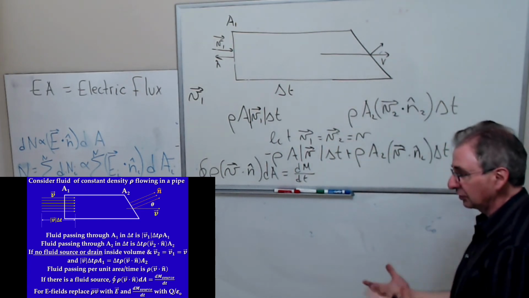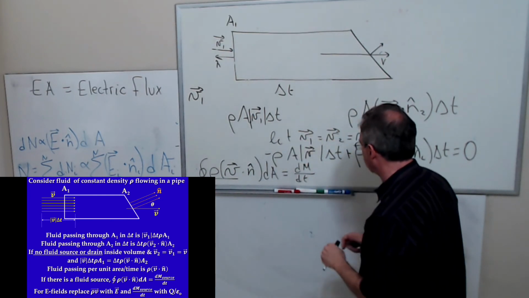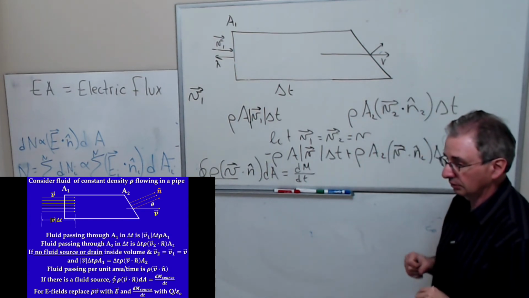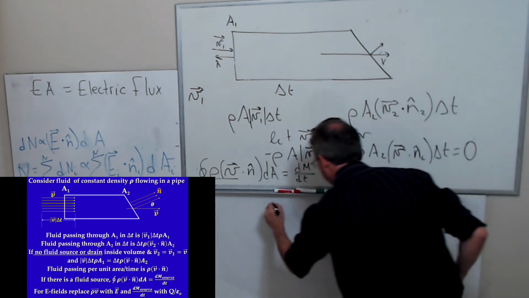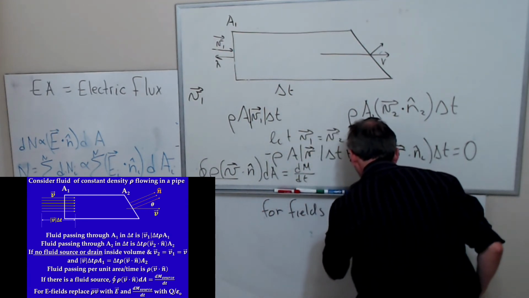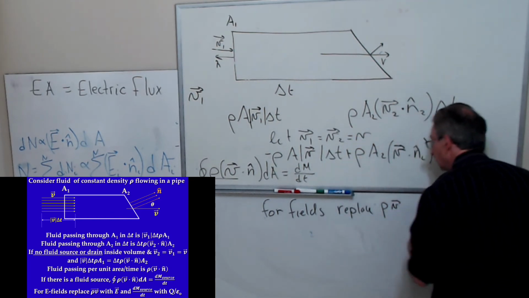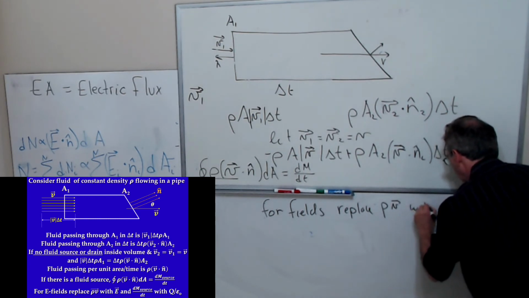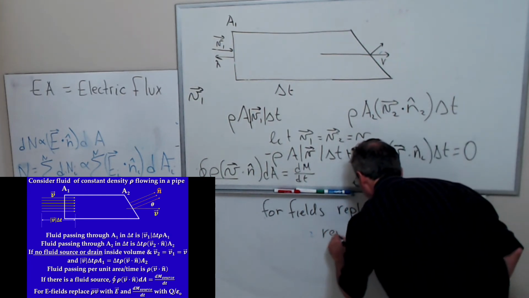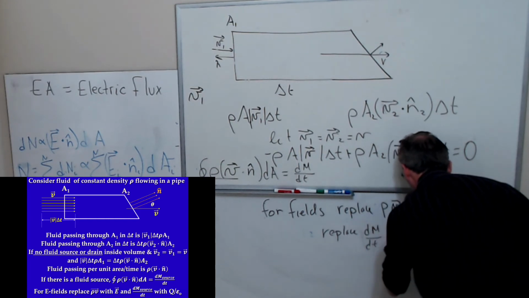Well, when we do electric fields, we replace this with the electric field and the whole dM/dt with your Q over epsilon naught. And for fields, you replace rho times V with E. And you replace dm over dt with Q over epsilon naught.